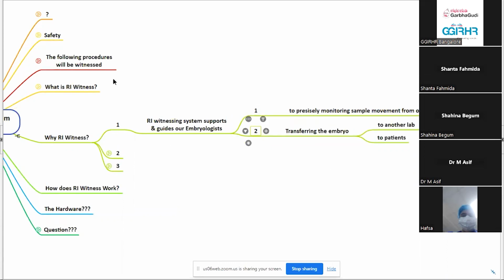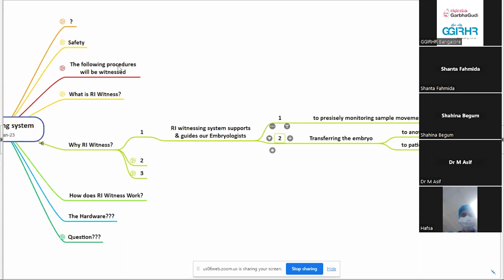As I already discussed, things can be witnessed while transferring the embryo from one lab to another lab, or while transferring the embryos to the patient's womb. The embryologist will have 100% assurance that this embryo belongs to this patient only. So hope you have understood why the RI witnessing system is used.